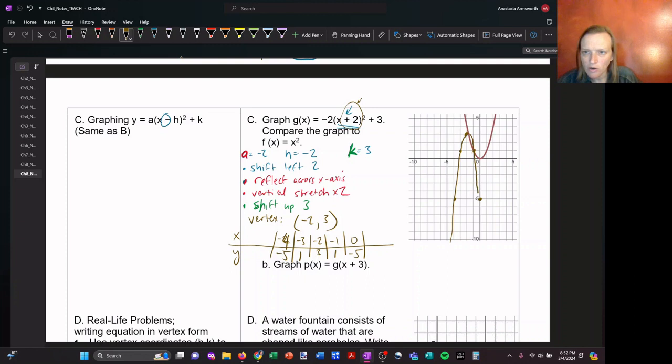Draw that as a curve. Okay, so that looks a bit more like the parabola I'm supposed to have. It is a downward facing parabola. It's a sad parabola. It opens downward, because we reflected across the x-axis, we did shift left 2 units and we did shift up 3 units. So we've covered all of those changes.